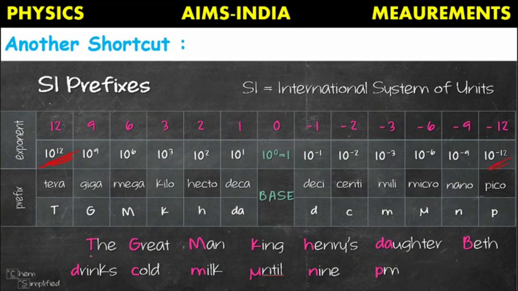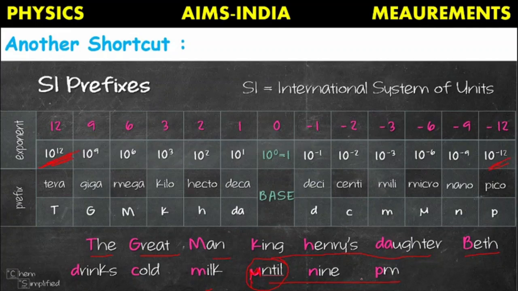And the phrase is: The great man King Henry's daughter Beth drinks cold milk until 9 p.m. In this word until, instead of the letter u, we have to consider mu in its place.